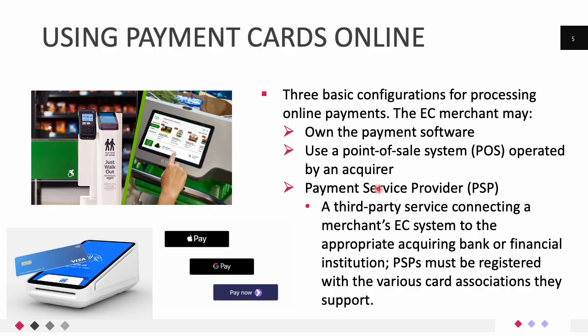So the last one is the most convenient because they are fast, they're cheap, and they do the hard work. And also, the most important thing is they take a small fee.